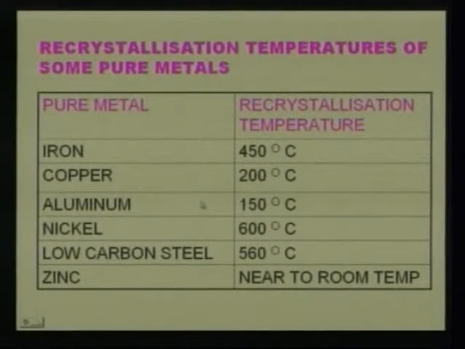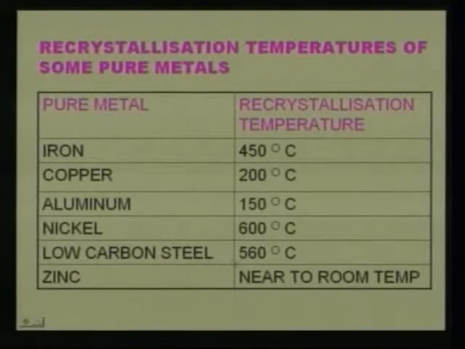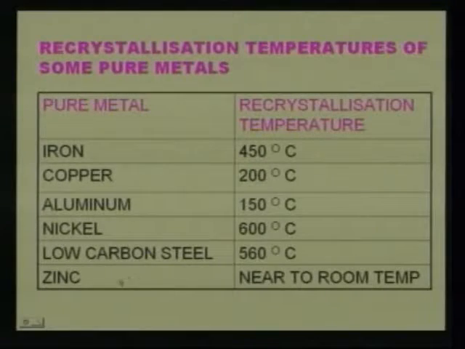For aluminum, 150 degrees centigrade. For nickel, 600 degrees centigrade. For low carbon steel, 560 degrees centigrade. For zinc, it is near room temperature. Not only zinc, for lead also it is near room temperature. At room temperature, the structure will be recrystallized, which lowers the mechanical properties.